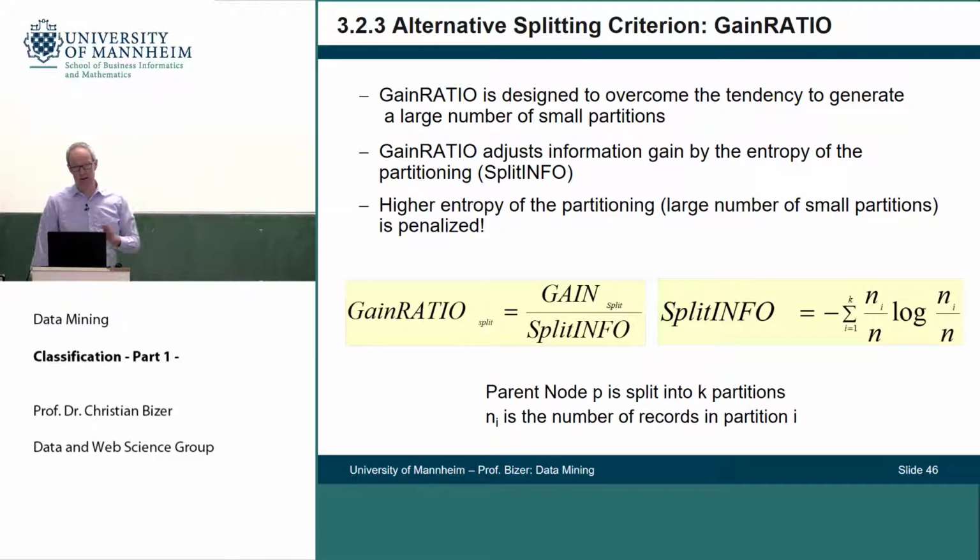That's the formula for it. I don't go into an example, but basically the idea is if we have many sub-buckets and a kind of homogeneous distribution of the examples over these sub-buckets, then we get a high split info value and basically put a penalty on our gain value.